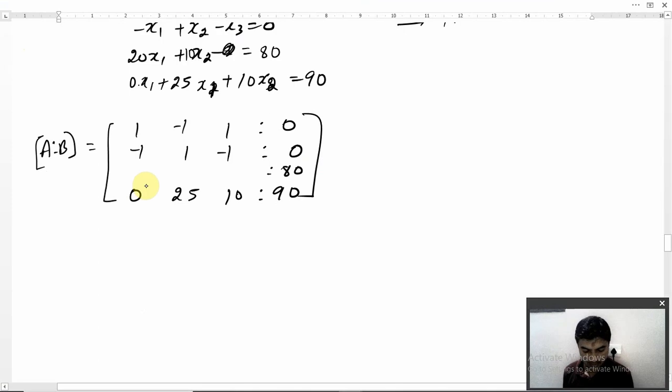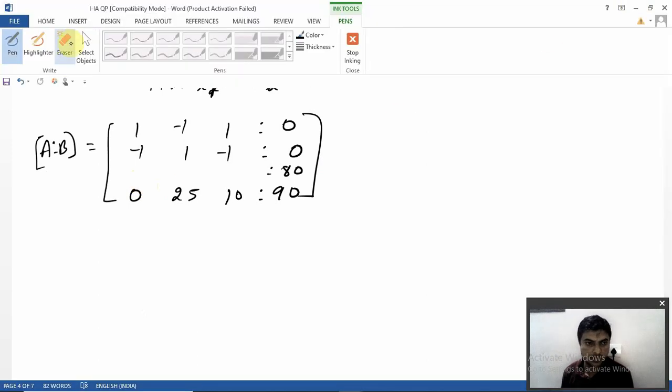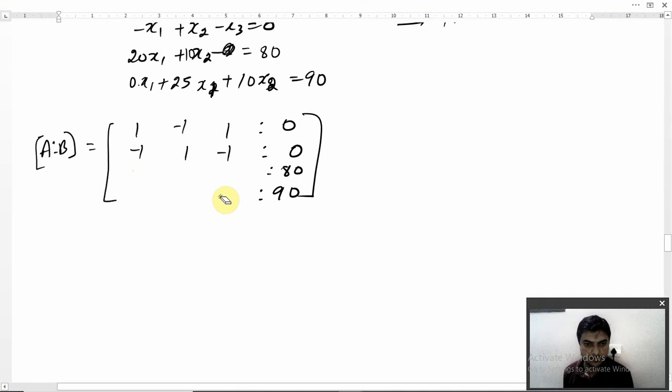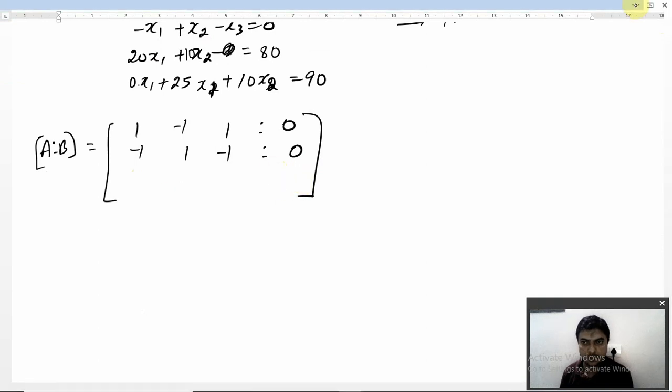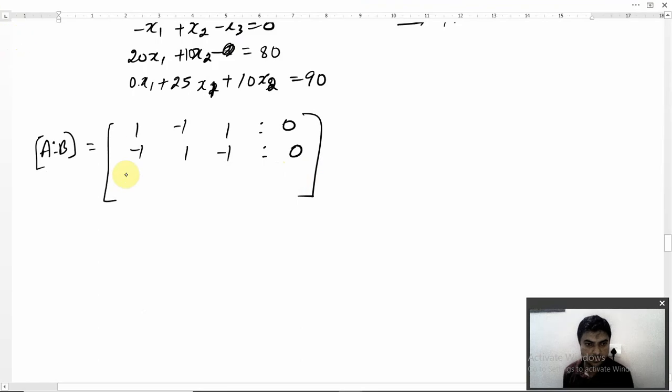Okay, so this will be now, or we can take left loop and right loop so that you don't make mistakes. Okay, and this is 10.